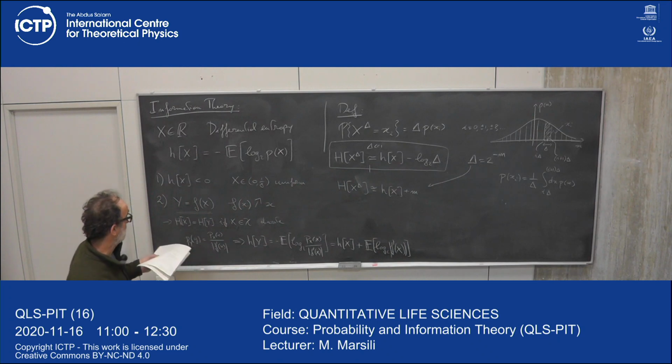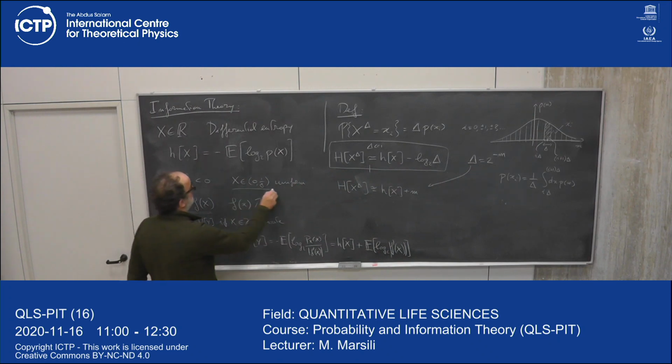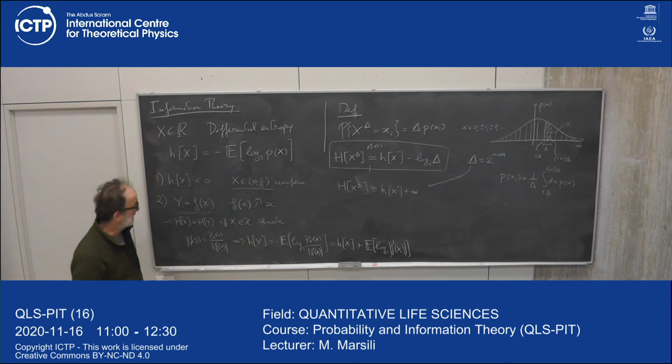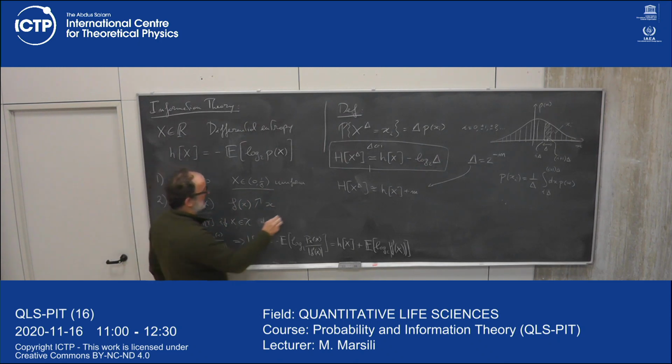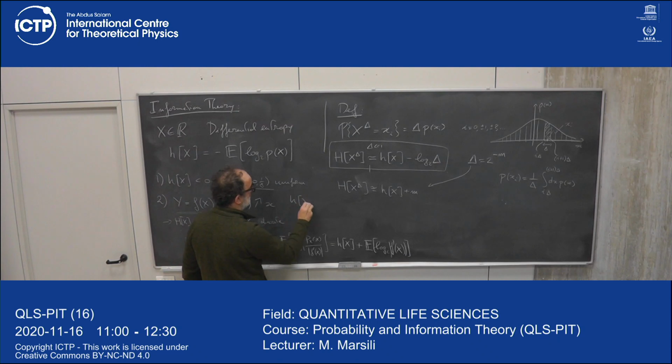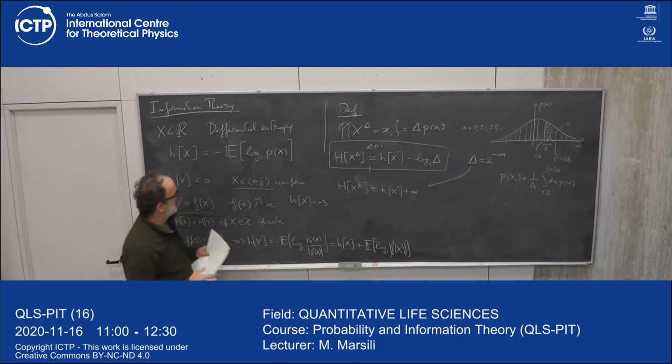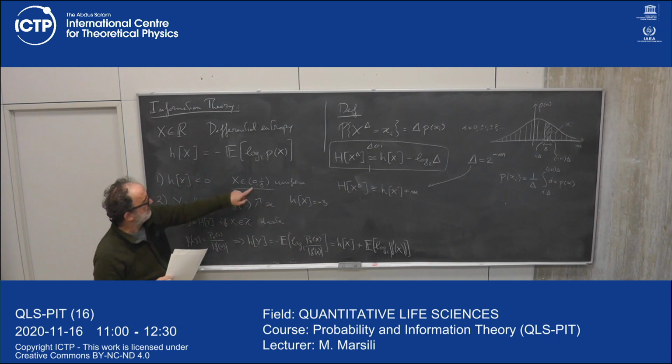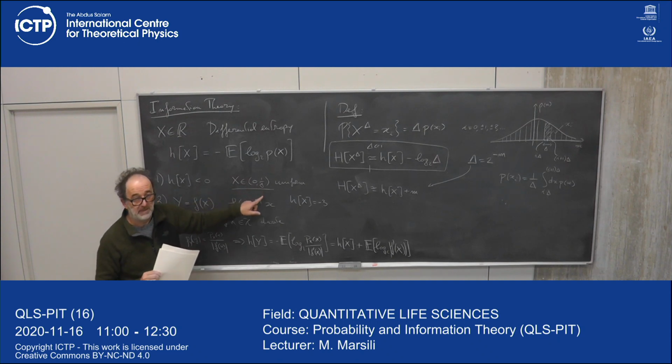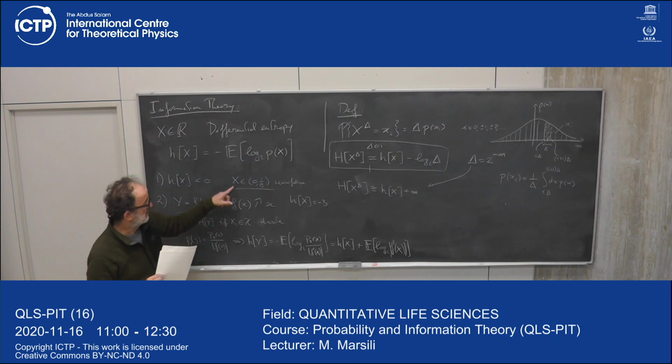So say, for example, if you go back to this example here, then you see that h of x in that case is equal to minus 3, because the first 3 bits in the binary representation of any x which is in this interval are equal to 0.